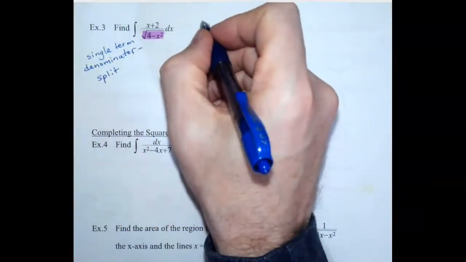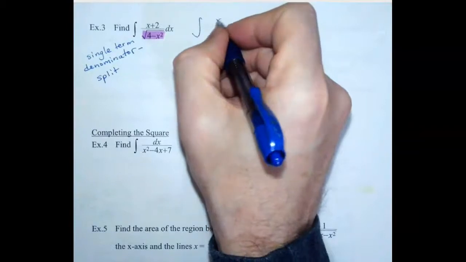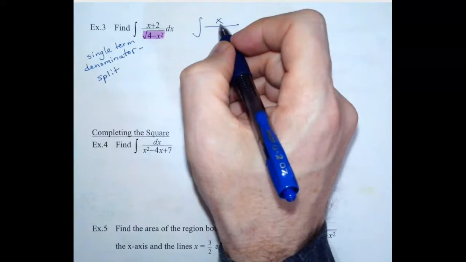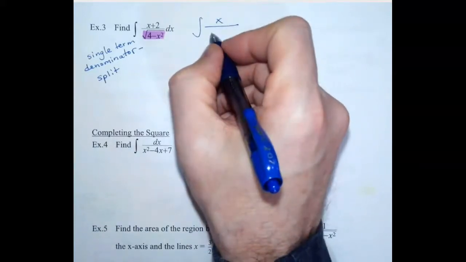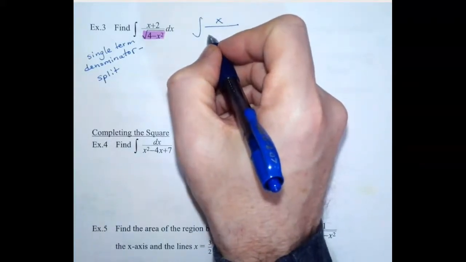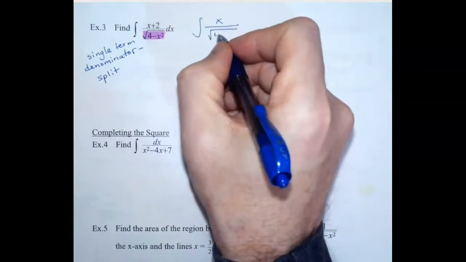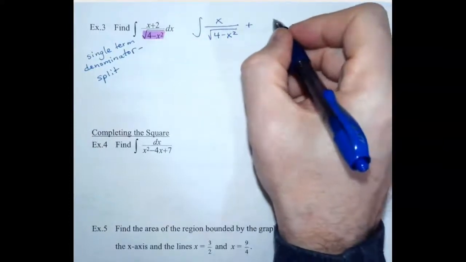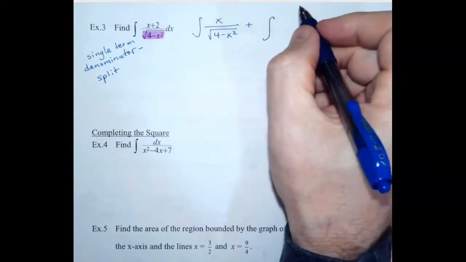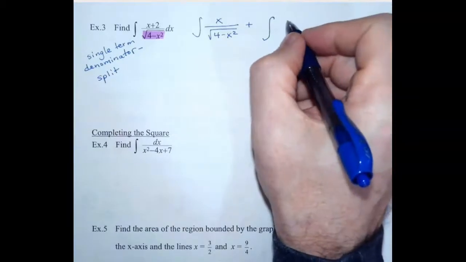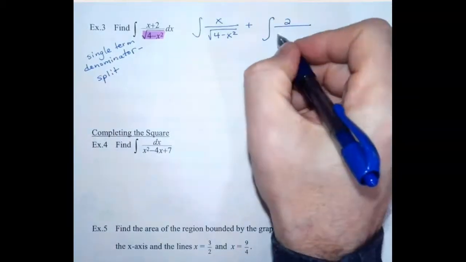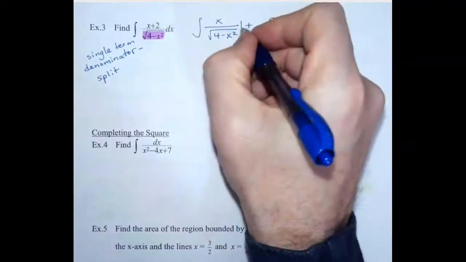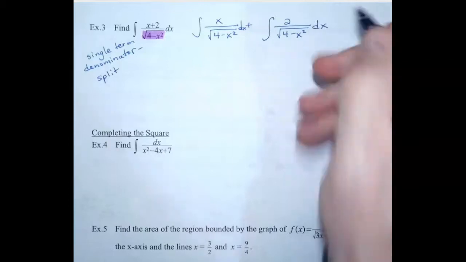So we're going to have the integral of x over this, and then plus 2 over that, dx and dx.